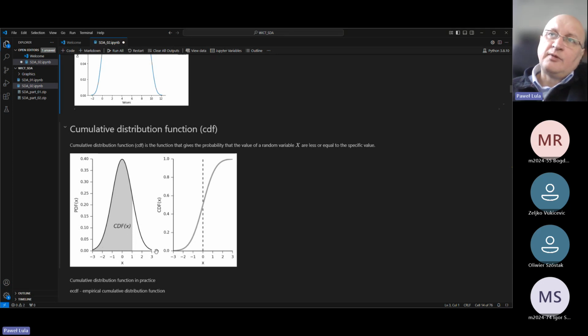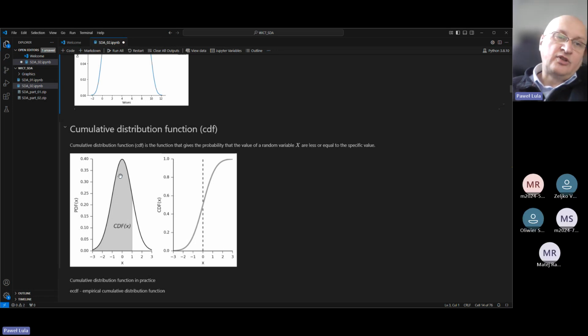And of course, it is obvious because we have 0 here, so we can draw this vertical line here, and the area which we have under this curve on the left side is equal to 0.5, because it is a function symmetric with respect to this value 0.